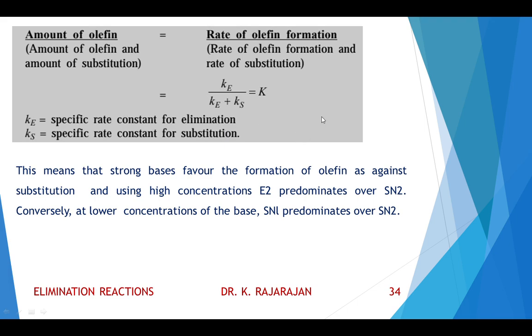This means that strong bases favor the formation of olefin as against substitution, and at high concentrations E2 predominates over SN2. Conversely, at lower concentrations of the base, SN1 predominates over SN2. So these are certain prevailing conditions in which whether E2 or SN2 or E1 or SN1 predominates is a case of interest.